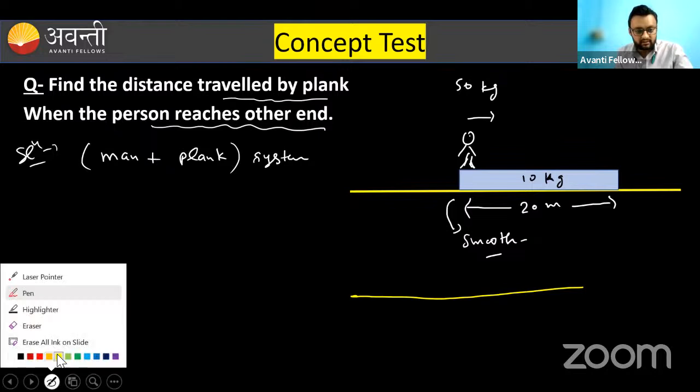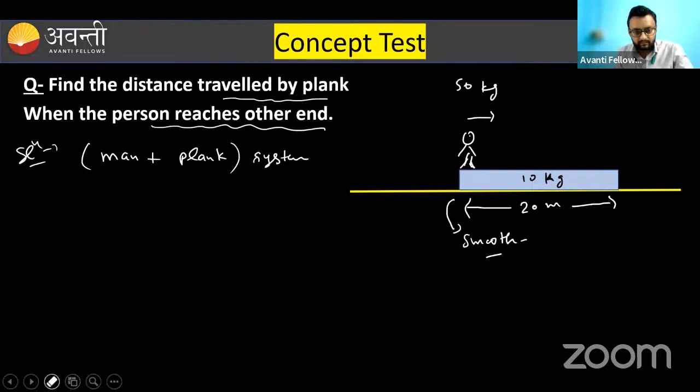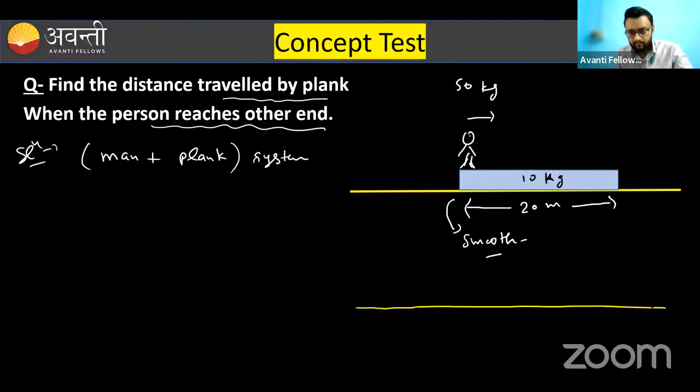And this plank has moved, let's suppose, a distance. This was the original position of the plank, and it has moved a distance x towards left.